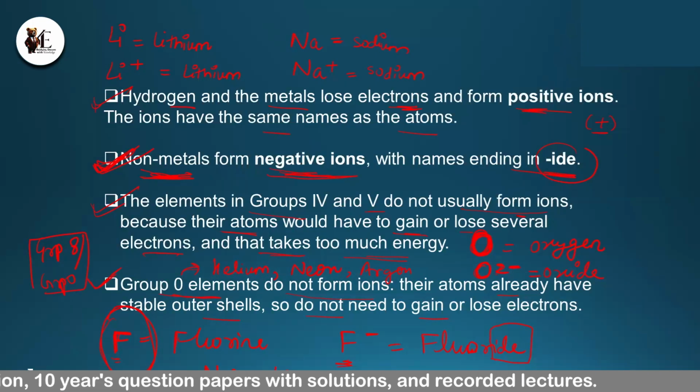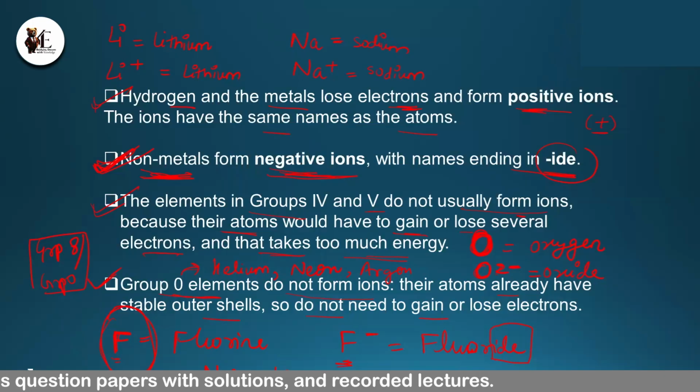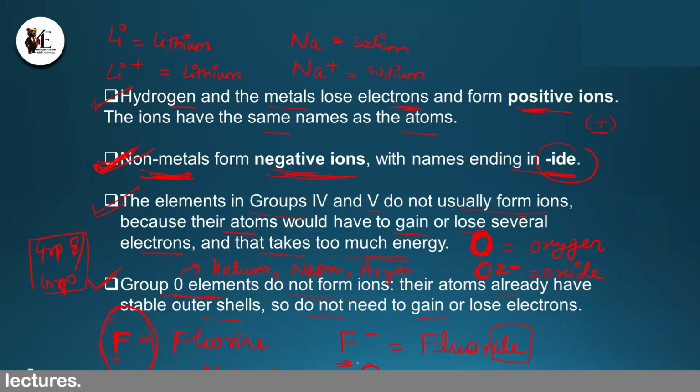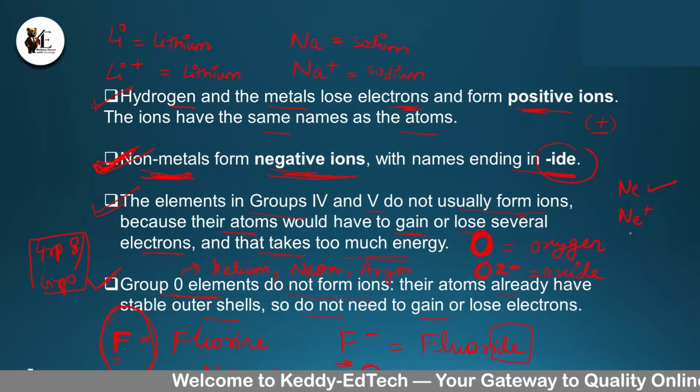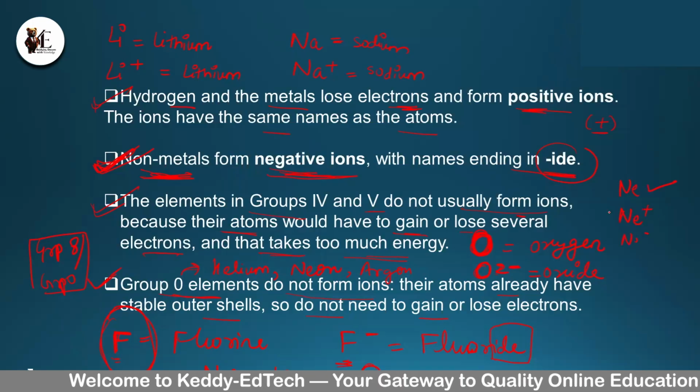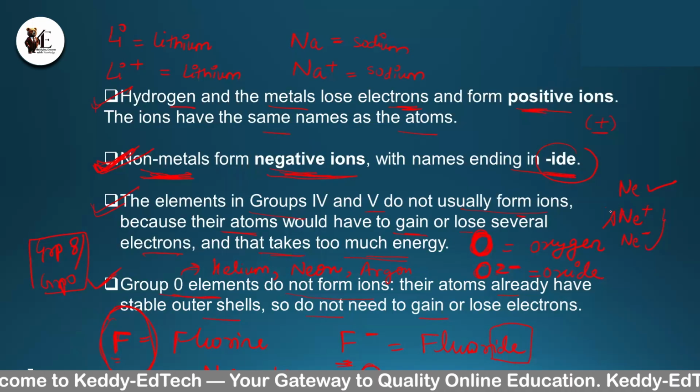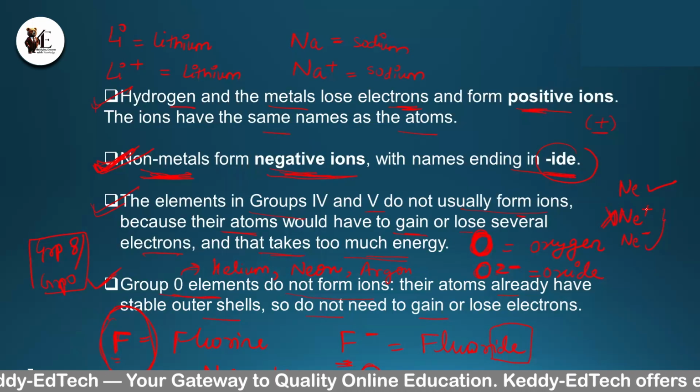Electronic configuration. 2,8. So it already has 8 electrons in its outermost shell. So why would it gain or lose electrons? It is already stable. So it is written that group 0 elements do not form ions. You have seen neon, but you haven't seen neon plus or neon minus. These are incorrect. Because they are already stable, they do not form any ions.